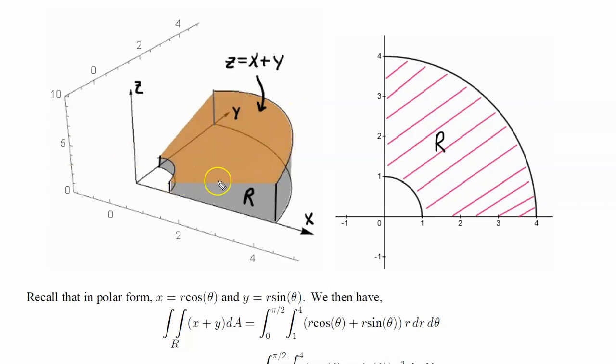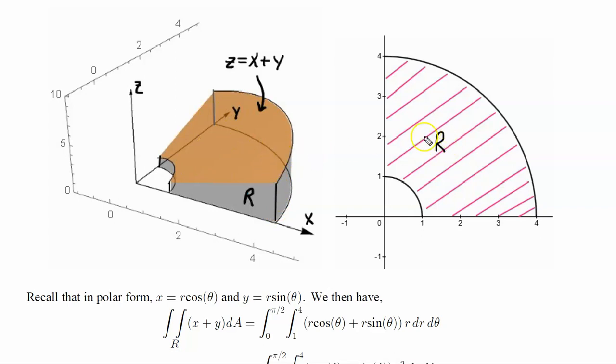So here is the surface z equals x plus y that's in the integrand of our double integral. So that's just a plane. And down here in the xy plane, the gray shaded region is the region R over which we're integrating. And so that double integral represents the volume of this wedge-shaped solid.